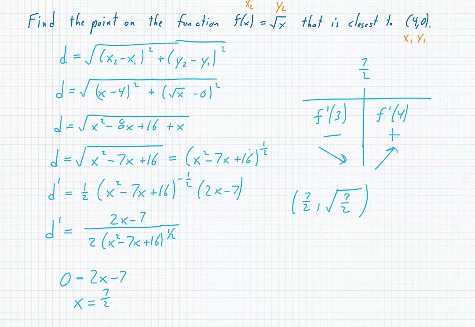There you have it. Now, if you find the equation of the line passing through the point (7/2, square root of 7/2) and then the point (4, 0) and determine its slope, you will find that that slope is perpendicular to the slope of the tangent line at the point (7/2, square root of 7/2) on the function.